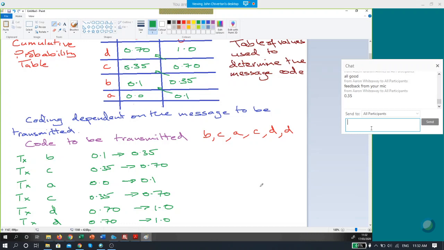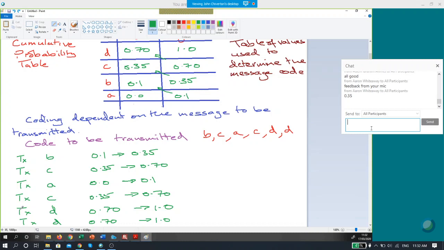Okay, so we can't base our code on just these ranges. We need to modify when we work out the code. We need to say, okay, this symbol is being transmitted, but then what went before that?